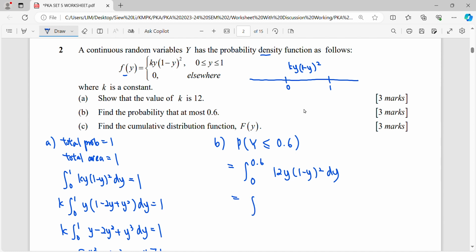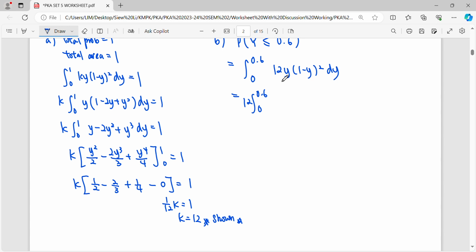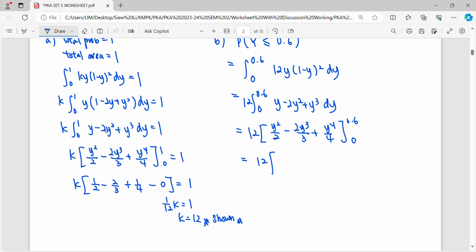One more time, we are going to factorize our constant, and y times (1 minus y) squared we already expanded just now, which is y minus 2y squared plus y cubed. Then we integrate, power plus 1 over new power. Then we substitute upper limit 0.6 minus lower limit.